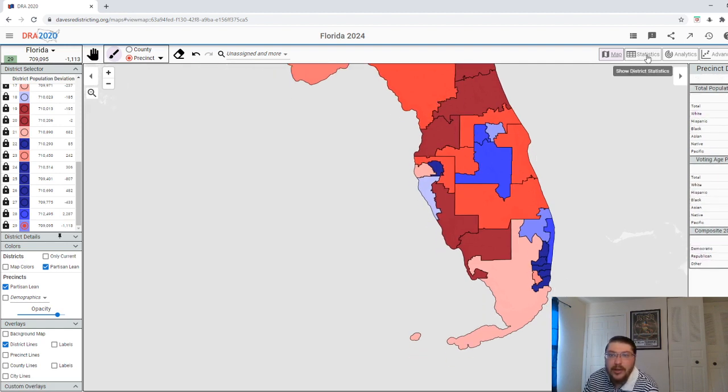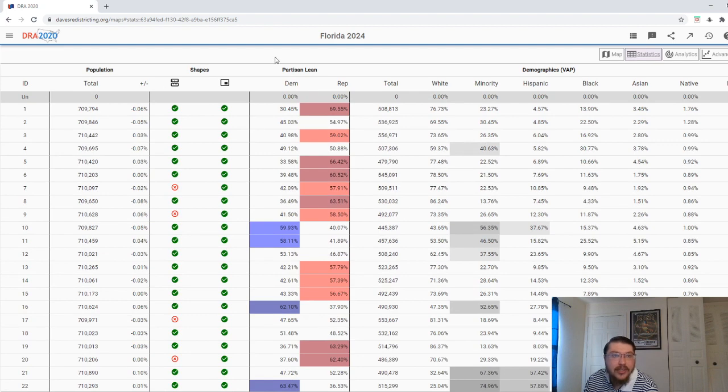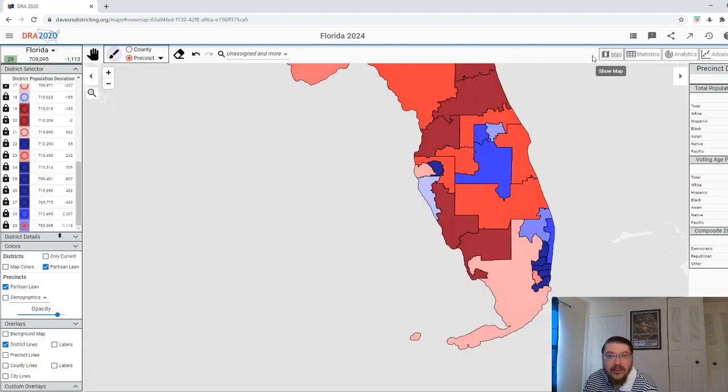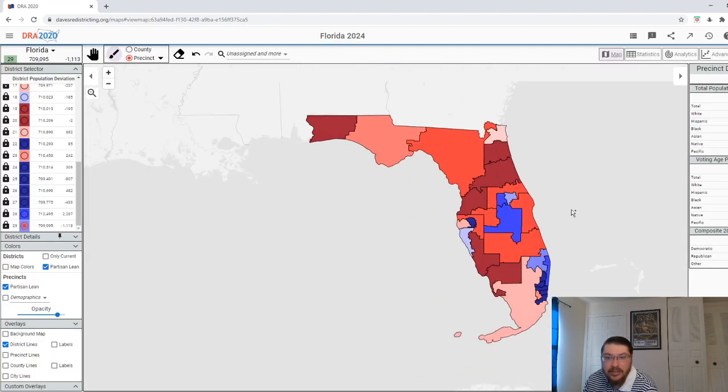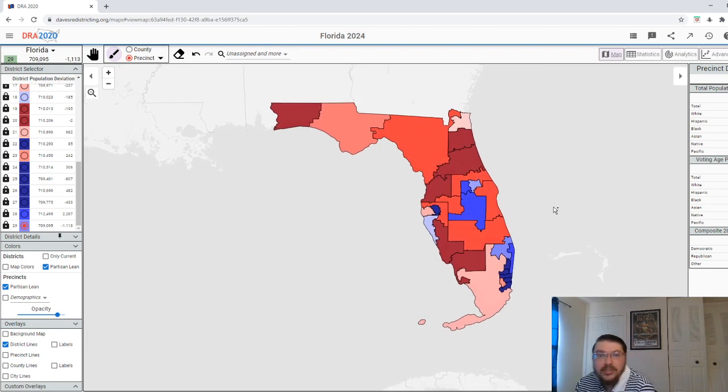And I think this wound up being 12-9 with 8 being relatively competitive. So that's actually fairly fair, and that's kind of what I was trying to do, make it similar to what a computer might try and do, which is make it a more competitive map overall.